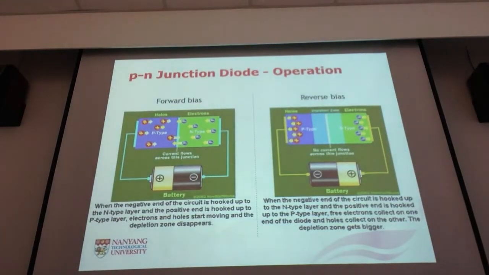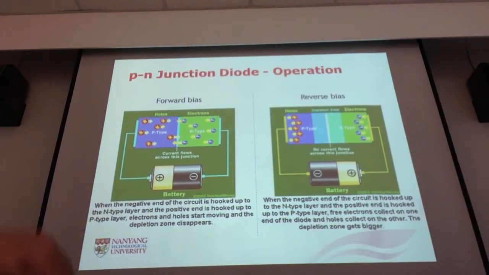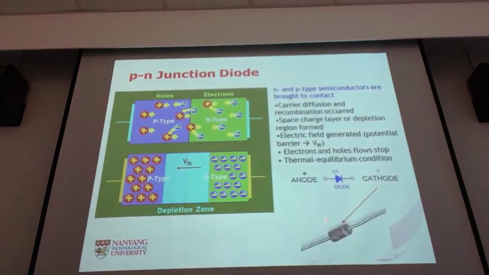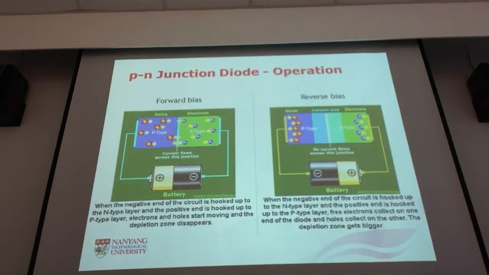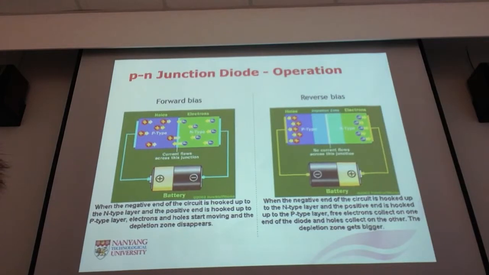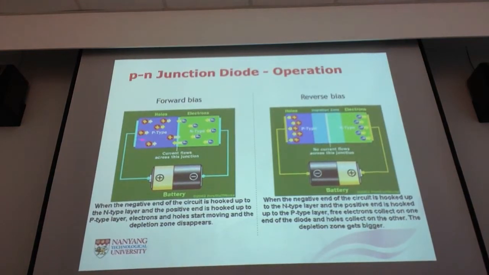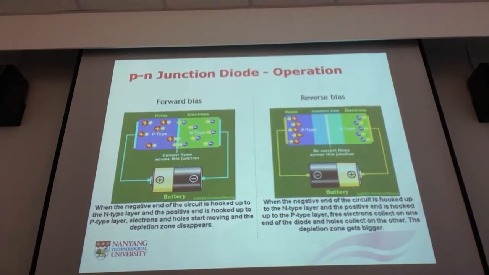And the PN junction operation is actually different from the thermal equilibrium condition. In the operation mode, we will have either a forward bias or a reverse bias. A forward bias is that the positive end of the battery is connected to the P-type and the negative end to the N-type.